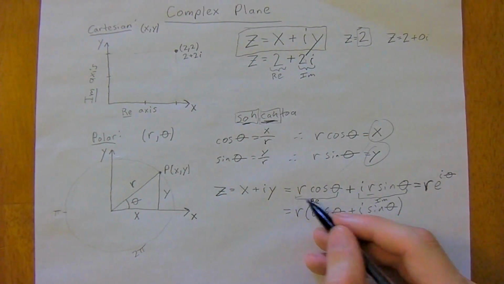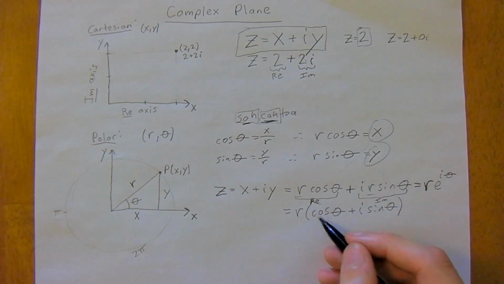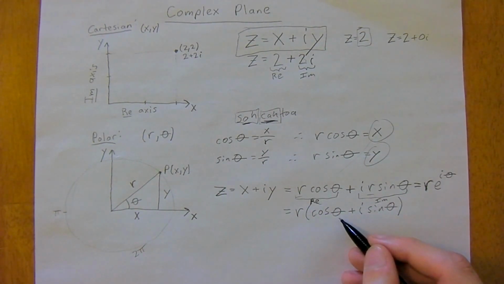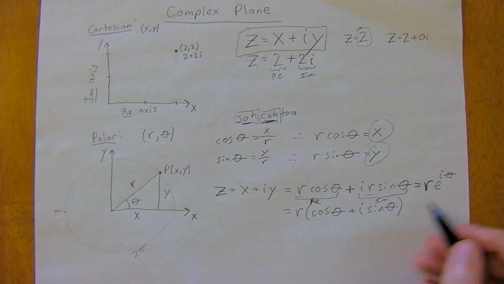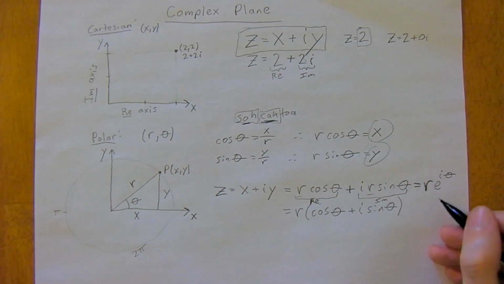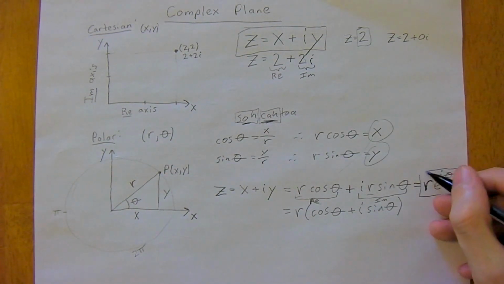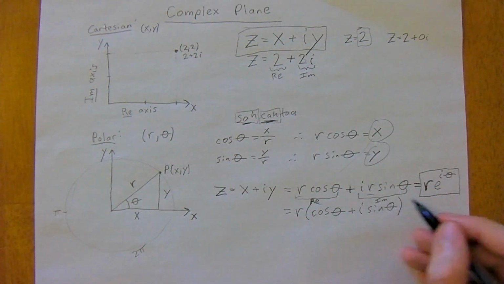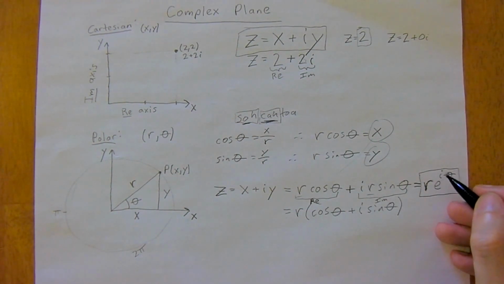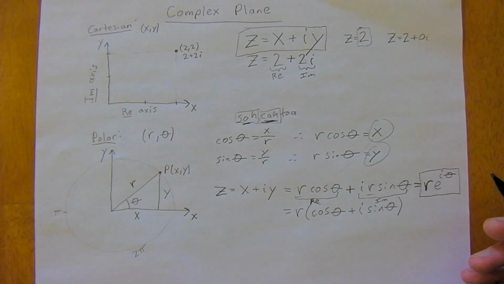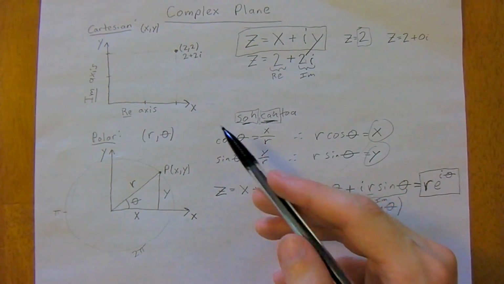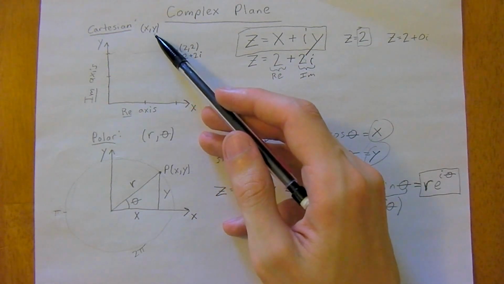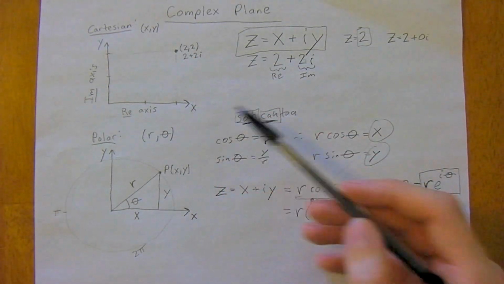But some people like to bring the r out front, so r times cosine theta plus i sine theta. And this, in a future video, we will deal more with, but this is very useful as well. So this is equal to r e to the i theta. And so that's how we'd get the x and the y, and we'd convert it.